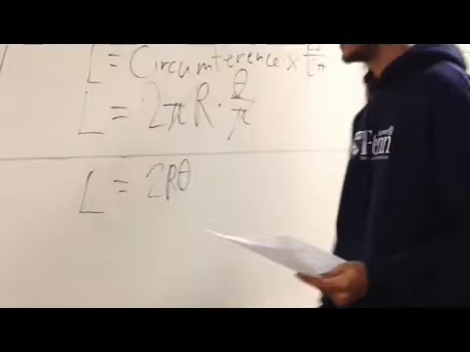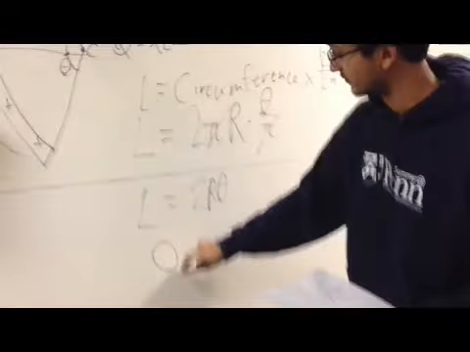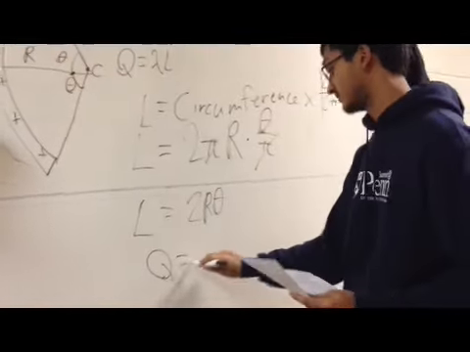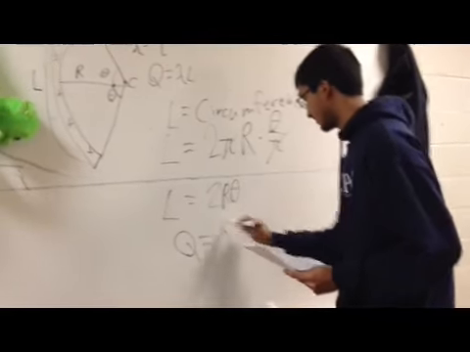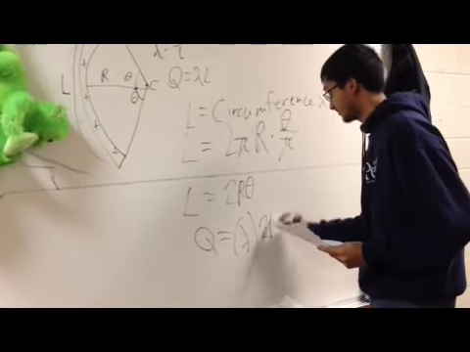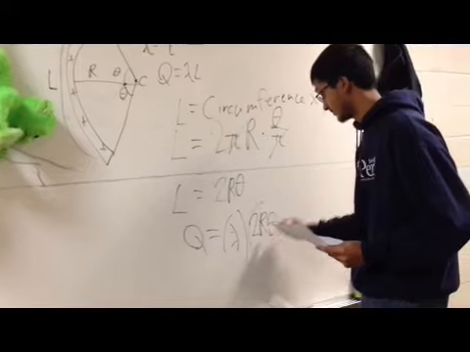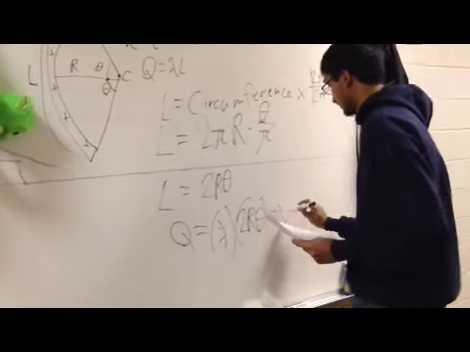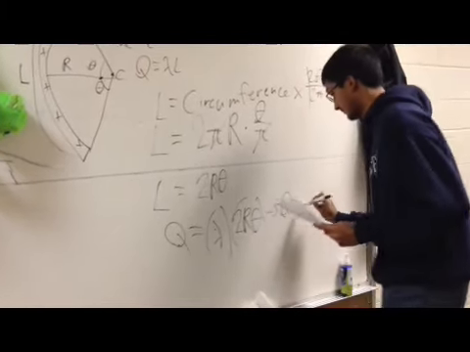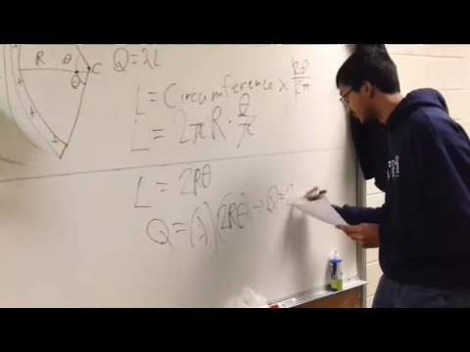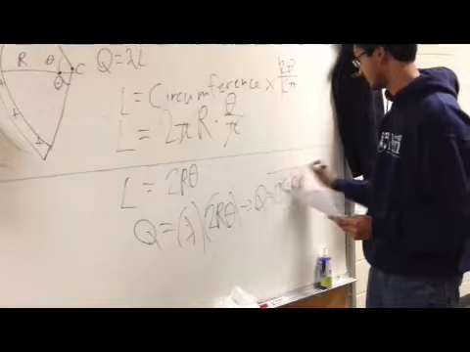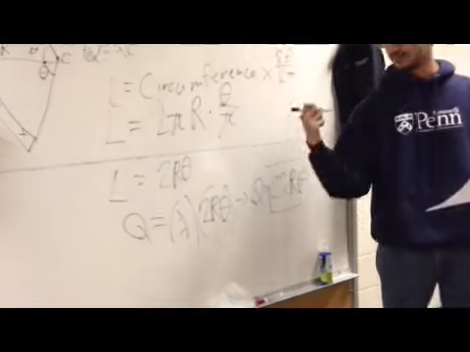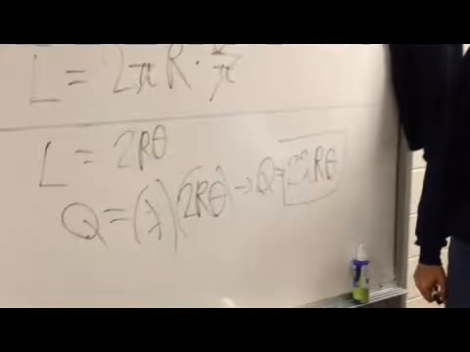Now we have to find Q. Q is lambda L, which is lambda times 2R theta, which yields 2 lambda R theta. And that's your answer for the total charge.